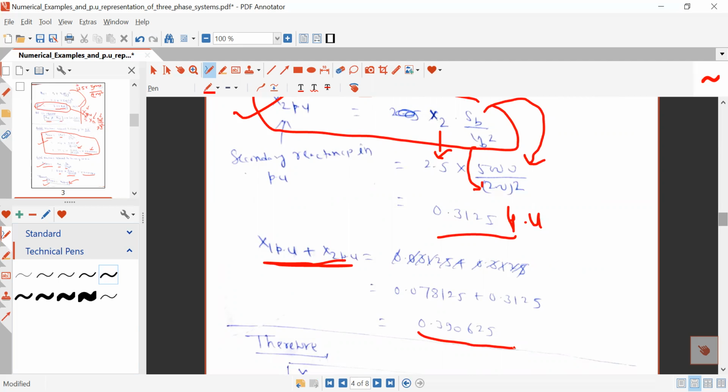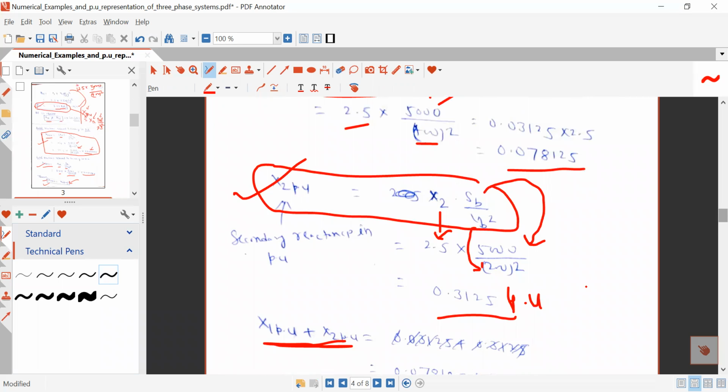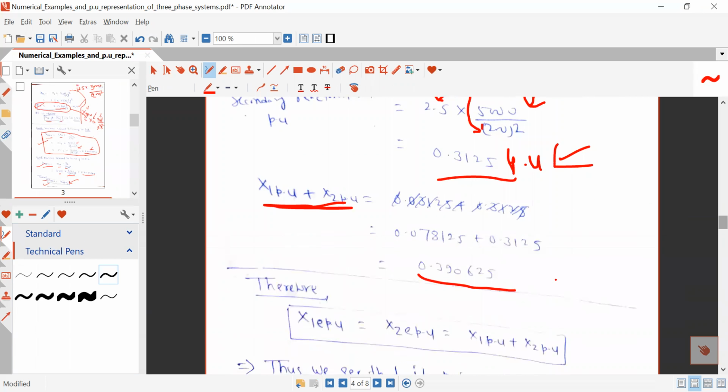So clearly you can see here, if primary and secondary reactance are in per unit, then the total reactance referred to the primary or the total reactance referred to the secondary is the sum of the primary reactance and secondary reactance in per unit value. Here, reactance indicates the leakage reactance of the transformer. So this is the advantage of per unit representation of transformer reactance.